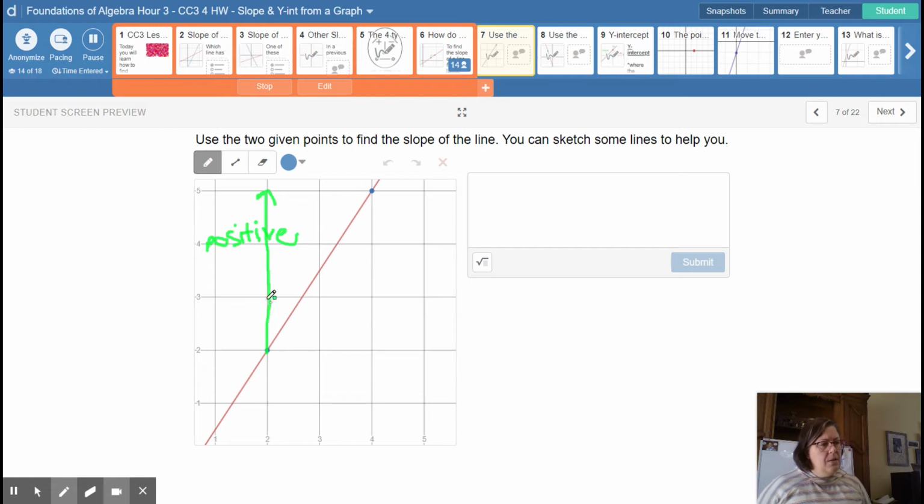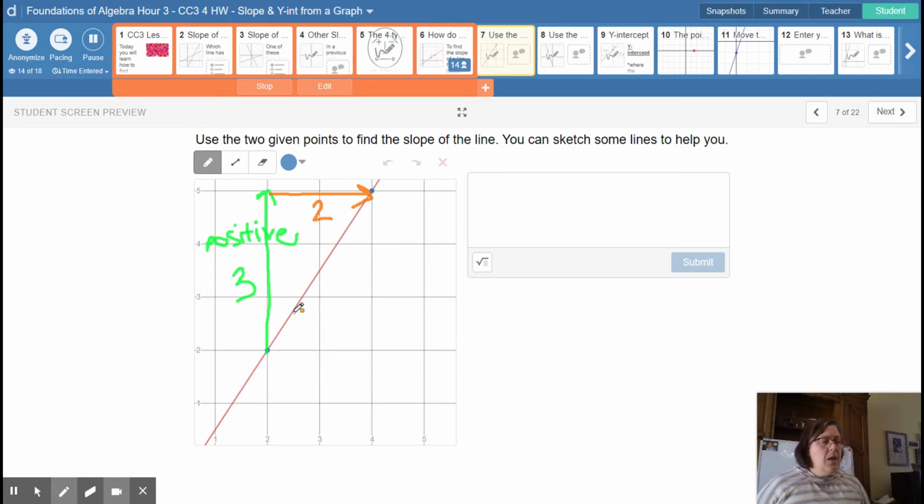So 1, 2, 3. Because we went up 3, that is going to be a positive 3. Then we switch from that corner and we go over to the right. And if we go to the right, it is also positive 1, 2, positive 2.